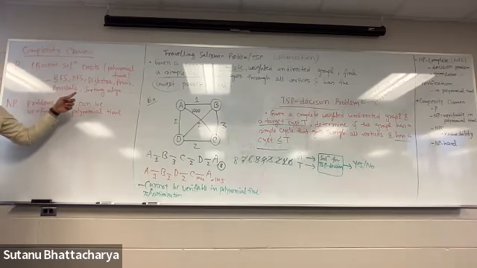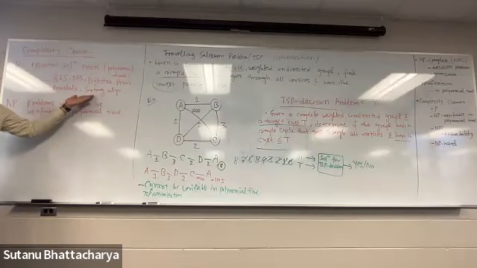BFS or DFS, because already known solutions are there. So you can just apply BFS or DFS to verify my answer. Or I gave you some sorted sequence. You need to verify whether it's a correct sorted sequence or not. How can you verify that? By using any sorting algorithm, merge sort, quick sort, anything. Or I give you some single source shortest path solution. You can apply Dijkstra just to verify whether that's a correct solution or not.